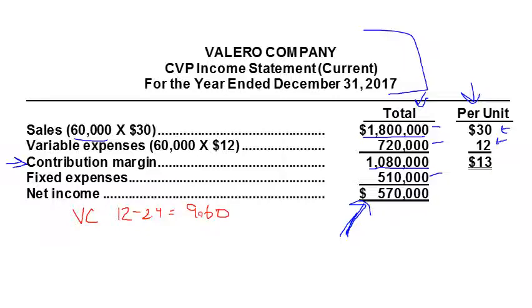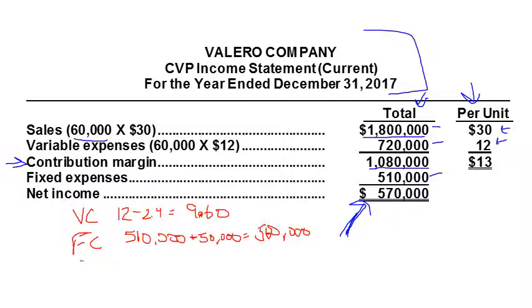So when we go to the next screen, we're going to be using $9.60 for the variable cost instead of $12. They told us our fixed cost would be the $510,000, but it's going to increase by 50. So we have to add 50,000 to that.